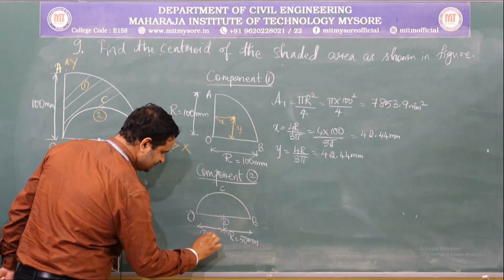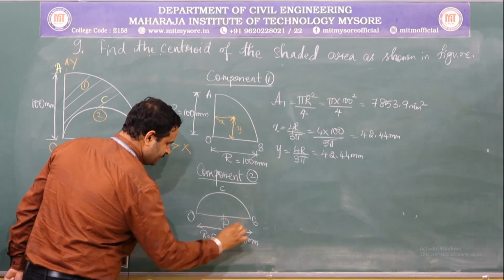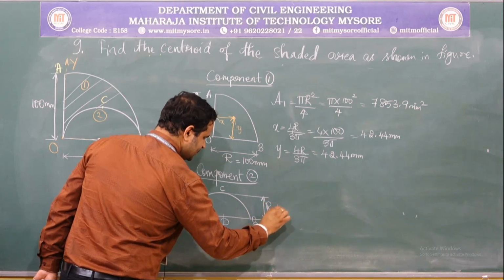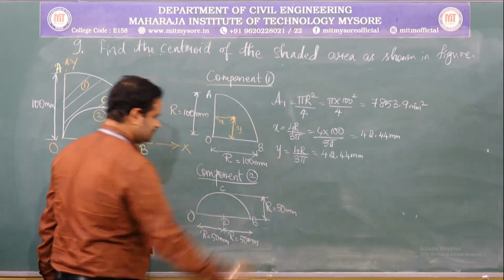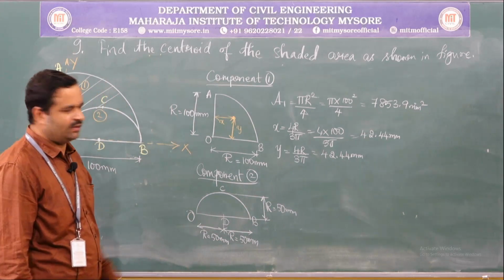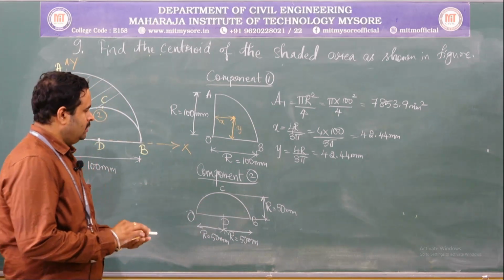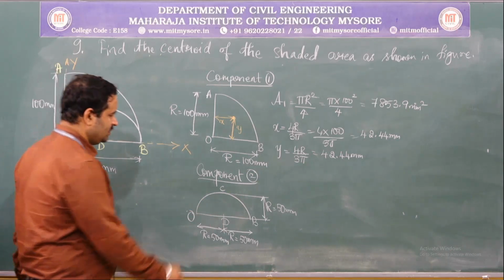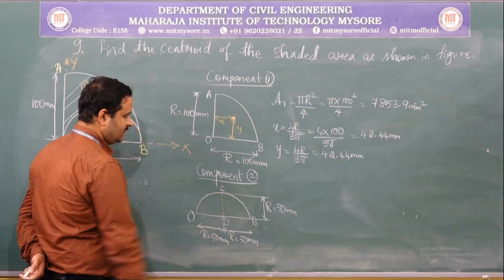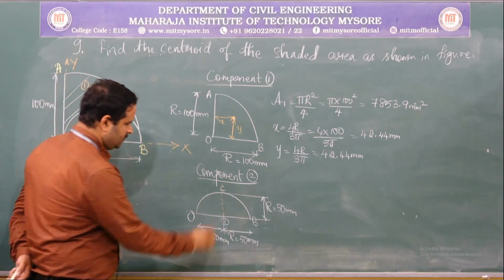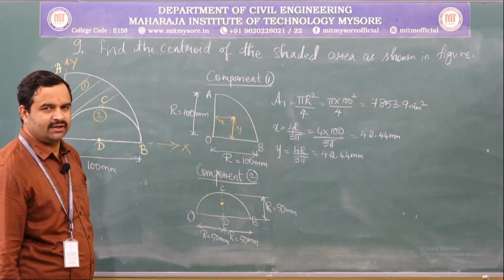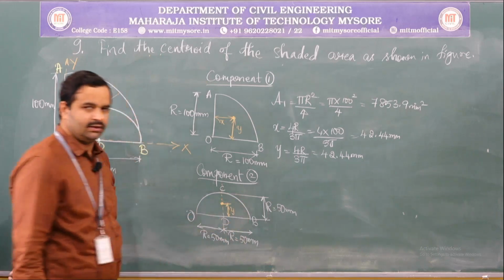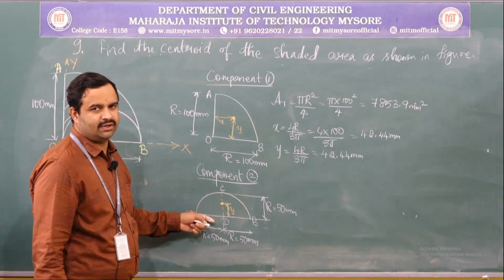The radius is 50 mm, and this is also nothing but the radius, which is equal to 50 mm. Please be careful while writing these values. And for a semicircular component, where does the centroid lie? We already know that it exactly lies along this line because it is symmetrical. So, there is no x component here because it is symmetrical. So, this will be only the y component. I am writing only the individual component.